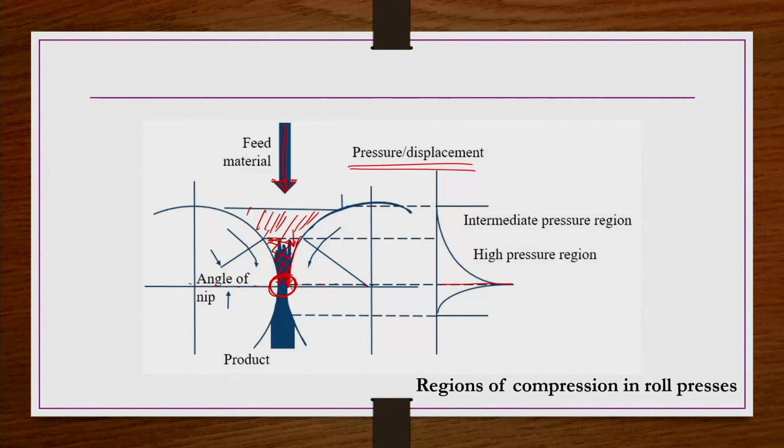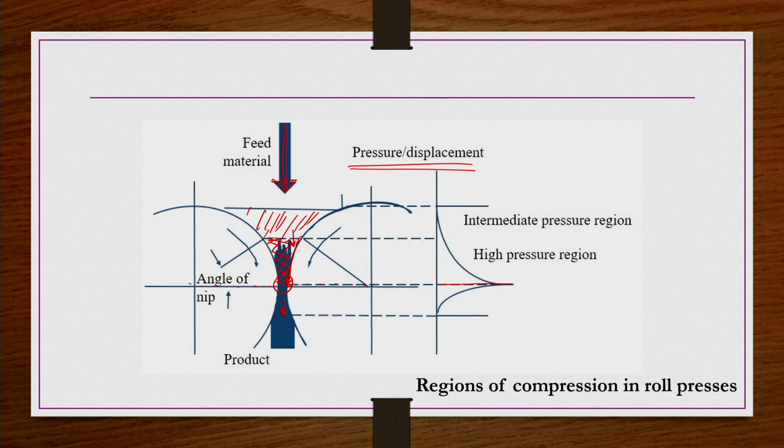At the point of the center lines, where the two center lines join, the pressure is going to be maximum. And then as the material goes down towards the product section, the pressure decreases when it comes down here.